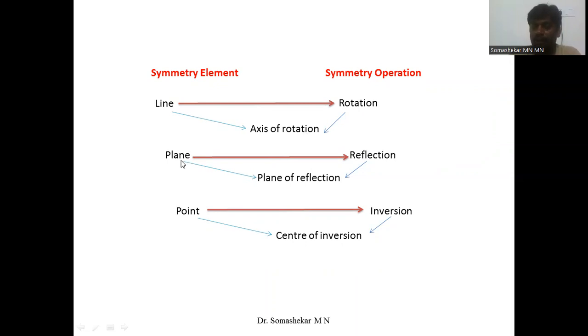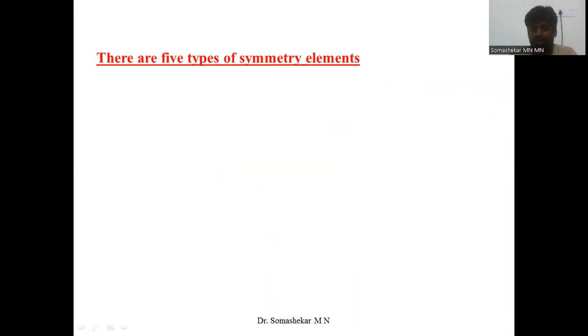You have a plane, right? Through that plane, if you do a reflection operation, we call it a plane of reflection. You have a point, okay? Through that, if you do an inversion operation, then we call it a center of inversion.